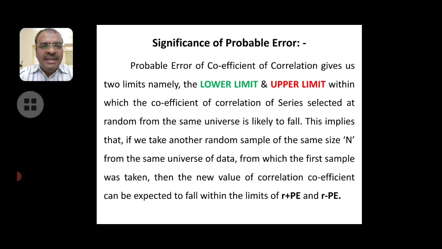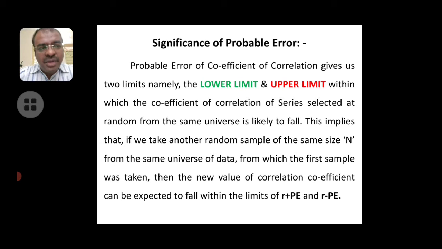This implies that if we take another random sample of the same size n from the same universe of data from which the first sample was taken, the new value of correlation coefficient can be expected to fall within the limits of r plus PE and r minus PE. The upper limit is r plus probable error and the lower limit is r minus probable error.